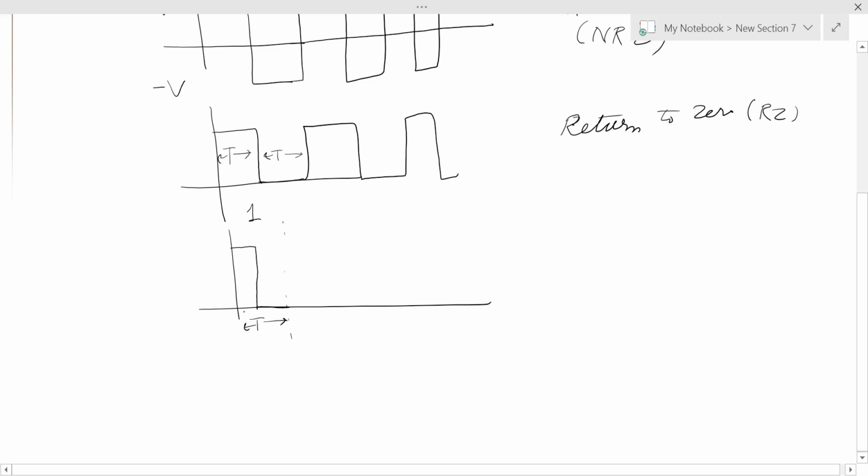So 1 is represented by this bipolar and 0 is represented by 0. Then again 1 is represented by this. So this is called bipolar return to 0. So definitely this will be called unipolar return to 0.